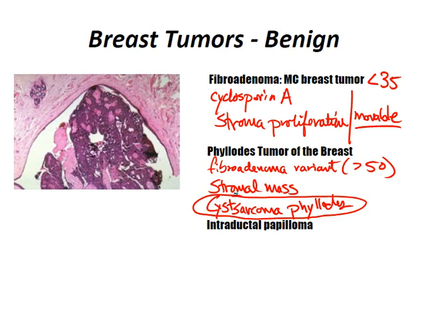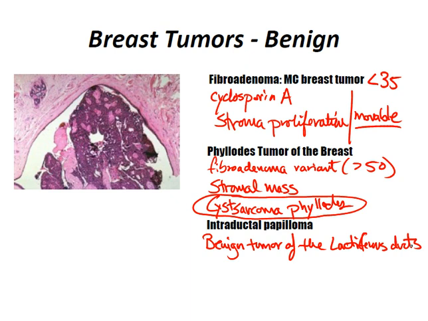The most common cause of bloody nipple discharge in women under 50 is an intraductal papilloma. The discharge may be serous or bloody, and that is a benign tumor of the major lactiferous ducts, or sinuses, actually.